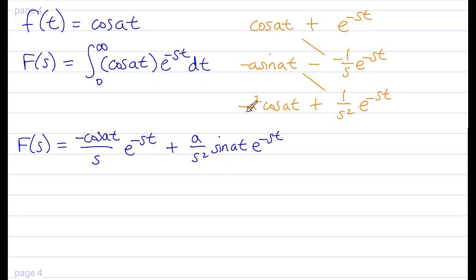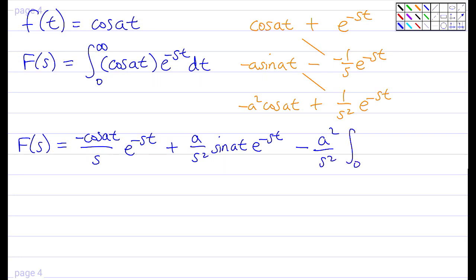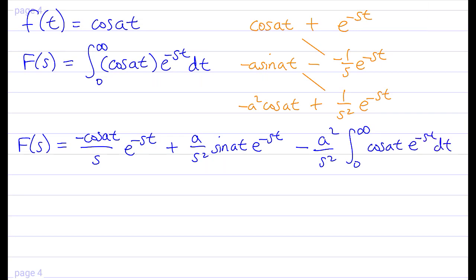If I want to go across a row as opposed to diagonal, then I just introduce an integral sign. Cosine at e to the minus st dt. There we go. That is our function f of s.